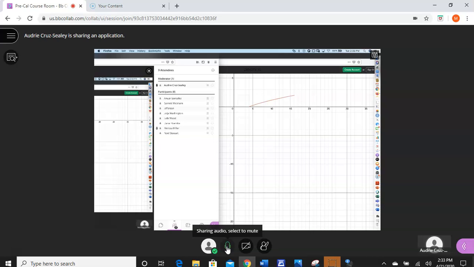And then graph it. No, your X min, leave it -10. Your X max, make it like 20. And then when you graph it, you should see what's on my screen.